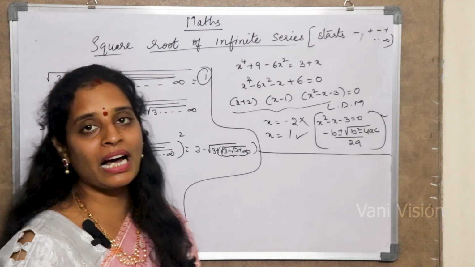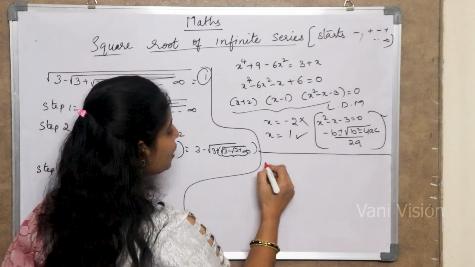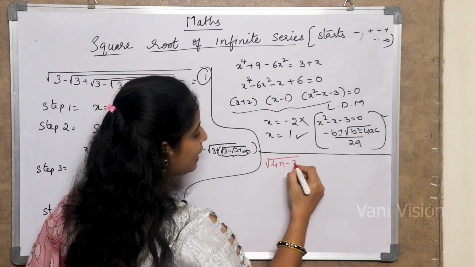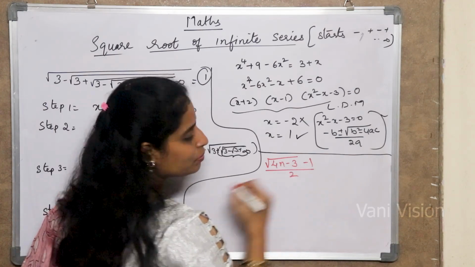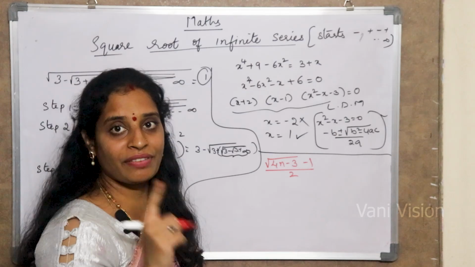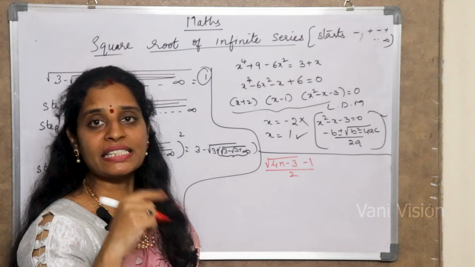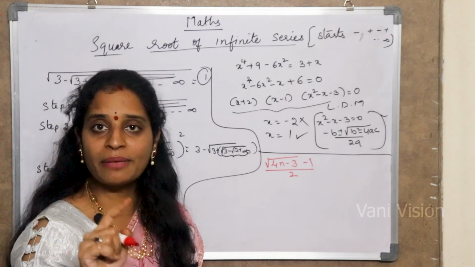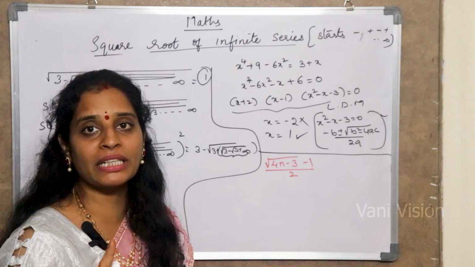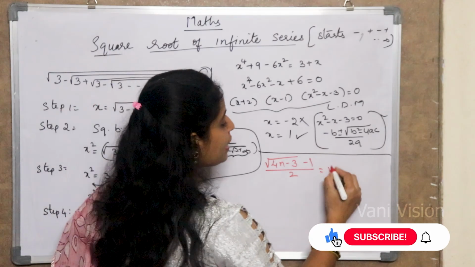Here the formula behind it is root over 4n minus 3, minus 1, by 2. When it was starting with the positive, we used the plus. When we are starting with the negative, we use minus. The difference is that. You remember that. Clear? Then substitute the n value.